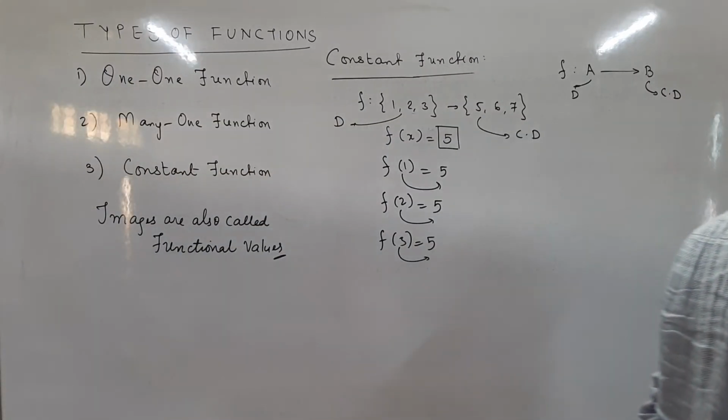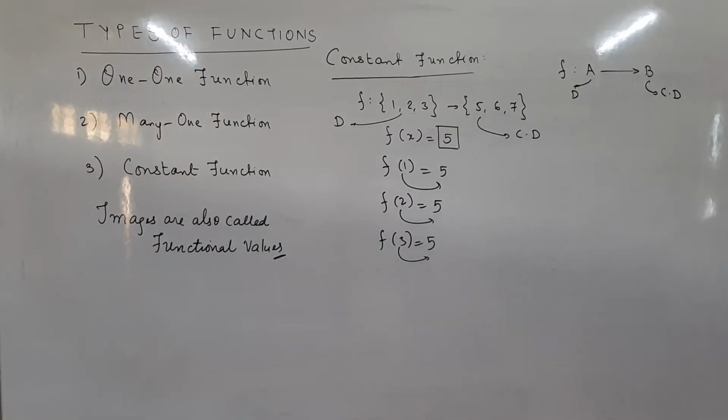So once again, the definition as it goes in the textbook. Suppose f is a function defined from A to B. If each element of domain A has the same image or functional value, then such a function is called a constant function.